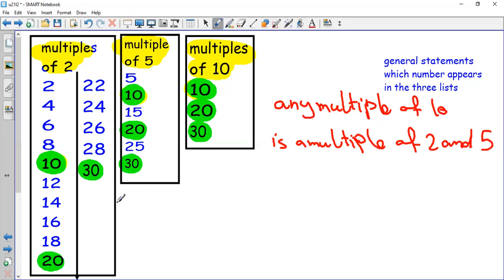So if I complete, I can say that 40 is also a multiple of 2 and 5 because it comes from 10, because it is a multiple of 10. 40 and 50 and 60 and 70 and so on. All of them are multiples of 2 and 5 because they are multiples of 10. Why can I say this? Because 10 itself is a multiple of 2 and 5. So any multiple of 10 is a multiple of 2 and 5.